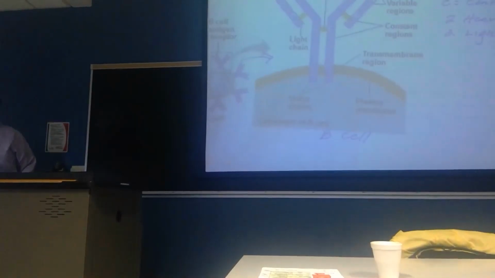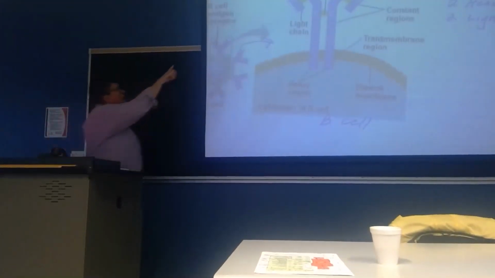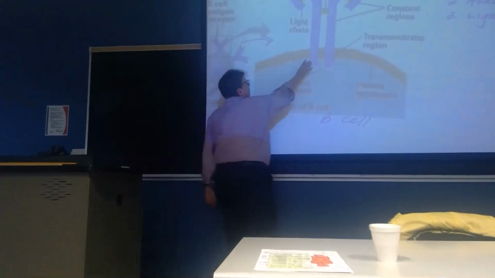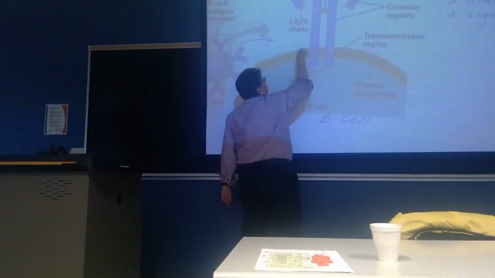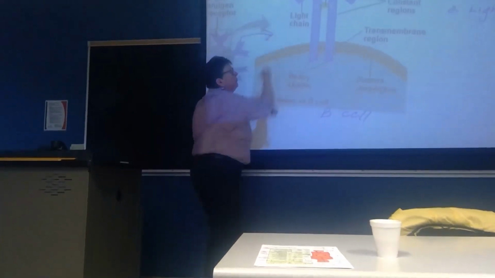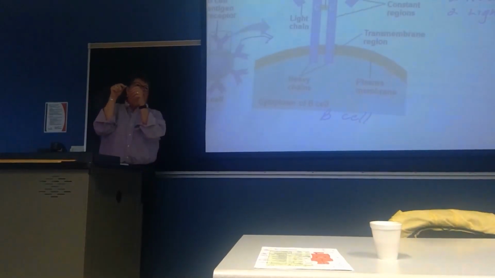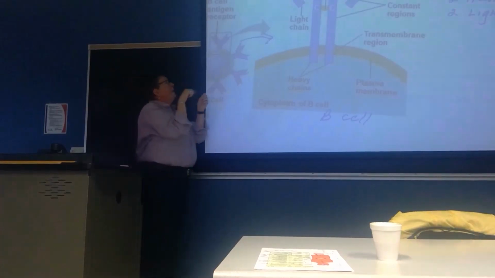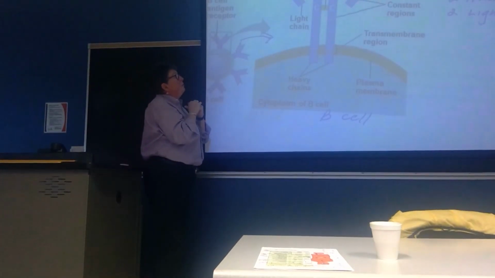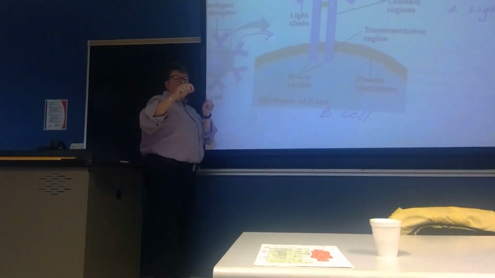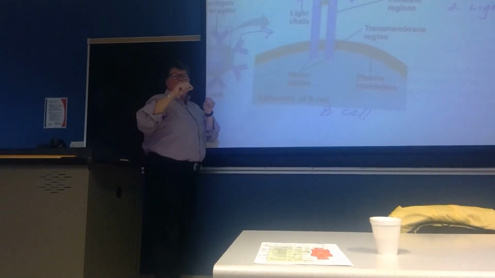We were just talking about antibodies. An antibody has this shape. It has two heavy chains and two light chains. They have constant regions where the actual coding is the same, and then variable regions where they can vary so that they can pick up different types of antigens.